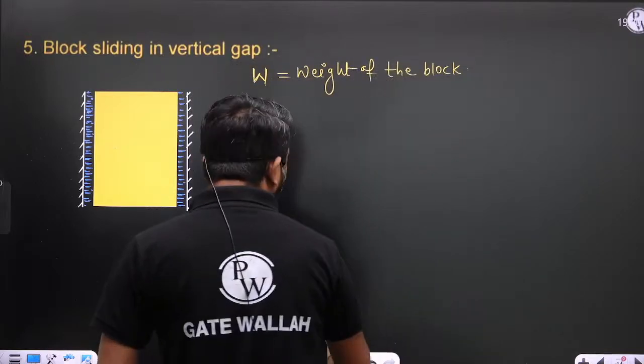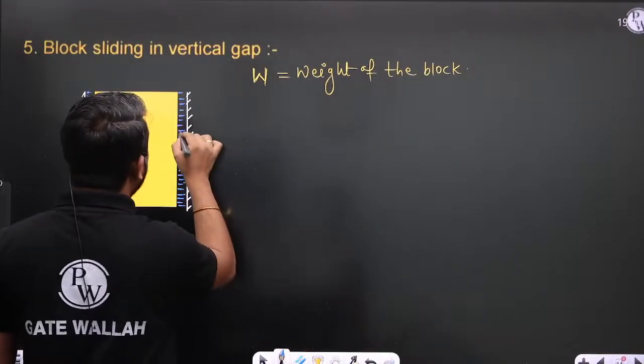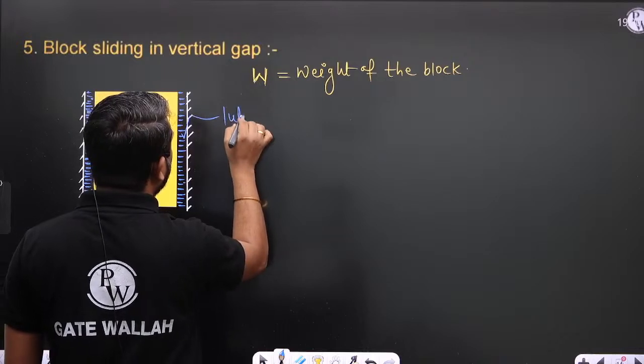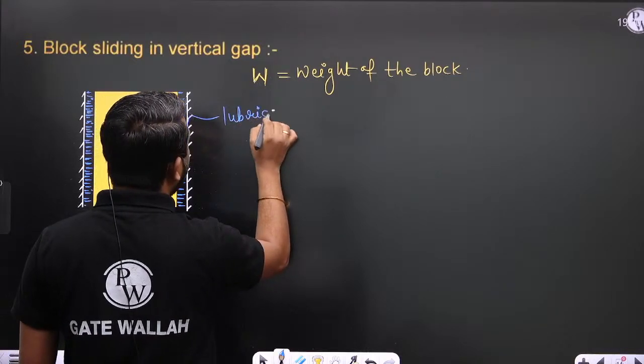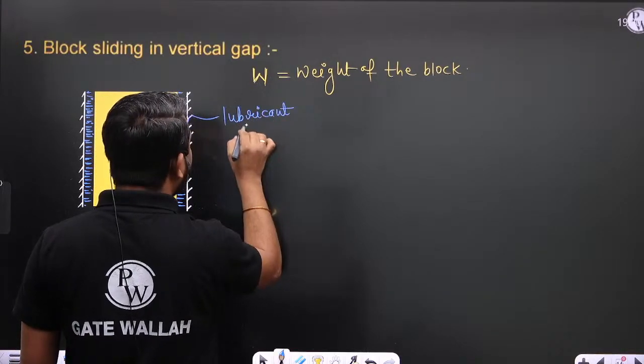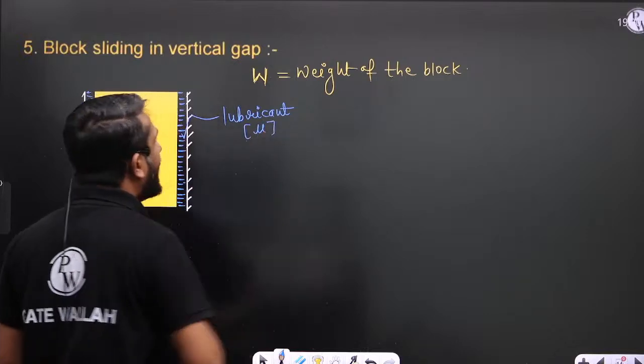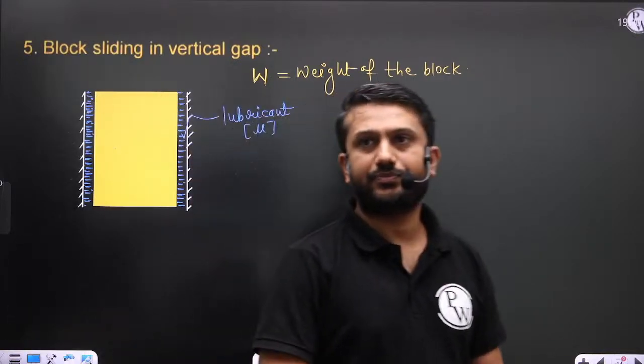And this is the lubricant. Let us consider this lubricant having dynamic viscosity, that is mu.